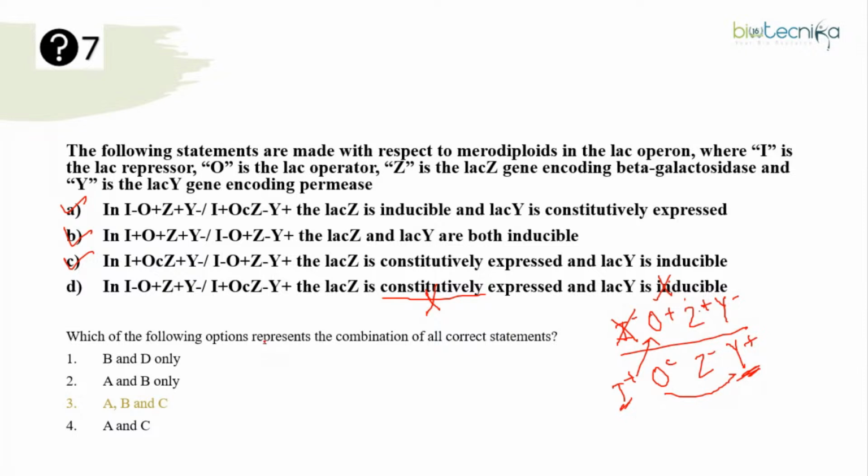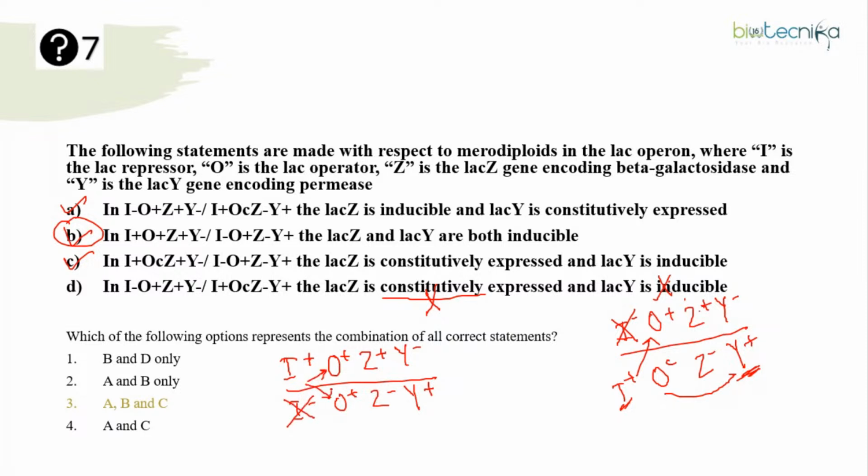How are Y and Z both inducible in case of your B? I'm writing it again as I plus, O plus, Z plus, Y minus, and here you have I minus, O plus, Z minus, Y plus. So this is non-functional, this is functional.